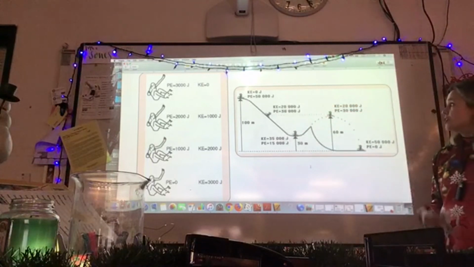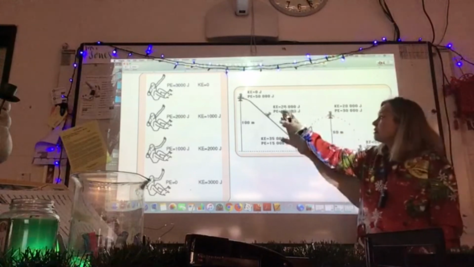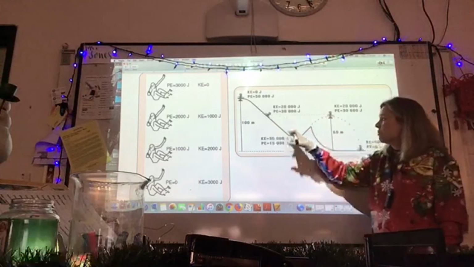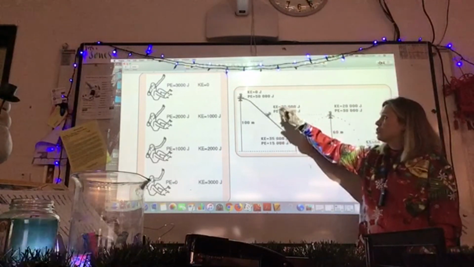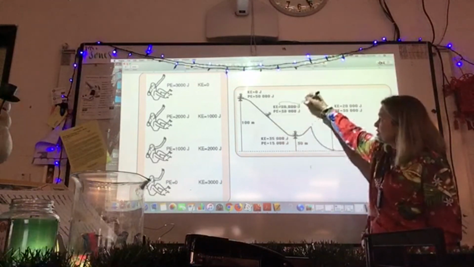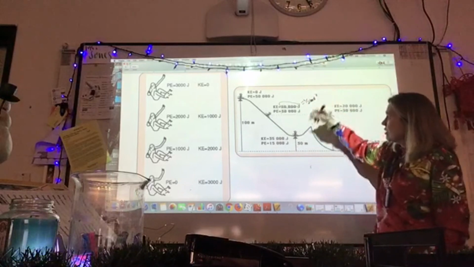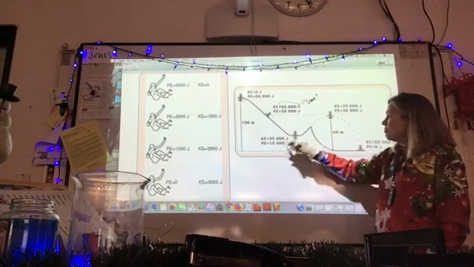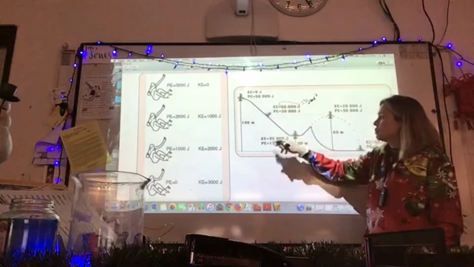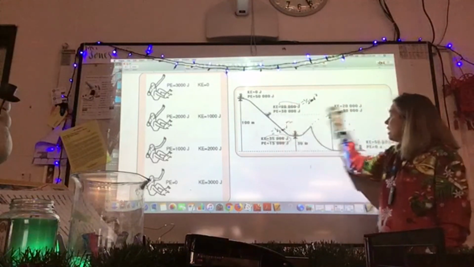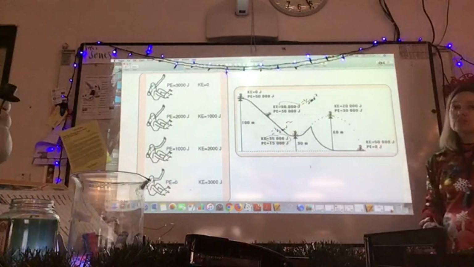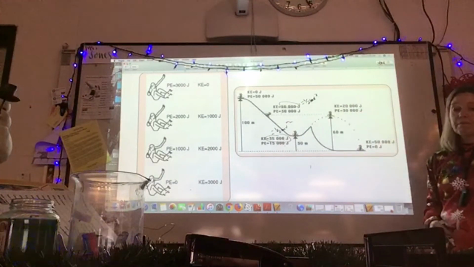So what's interesting is at any point, do you realize you can calculate the velocity? Because if you know the PE and you knew the total at first, you could find out this 35, again, set equal to 1/2 mv squared. Everywhere you can set it equal to 1/2 mv squared. Okay? All right.